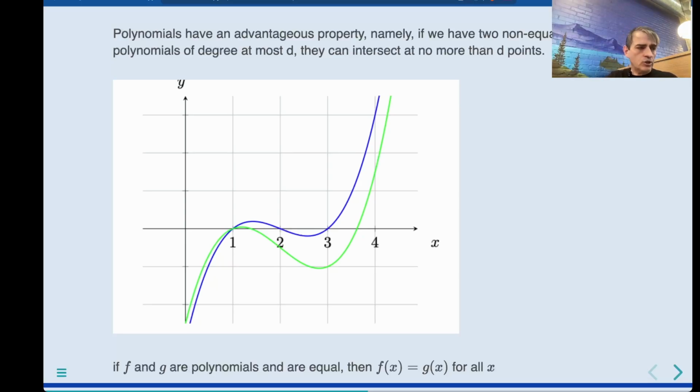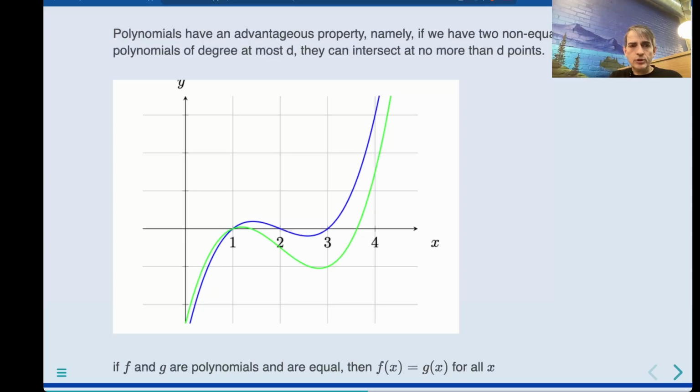Now, we could get two situations. When we evaluate them, maybe those evaluations are going to be the same. So here we've got at 0.10, these two polynomials evaluate to the same result, which is 0. If you found that out, then you may say, well, perhaps these polynomials are the same. They evaluate to the same point here, so maybe they're the same.